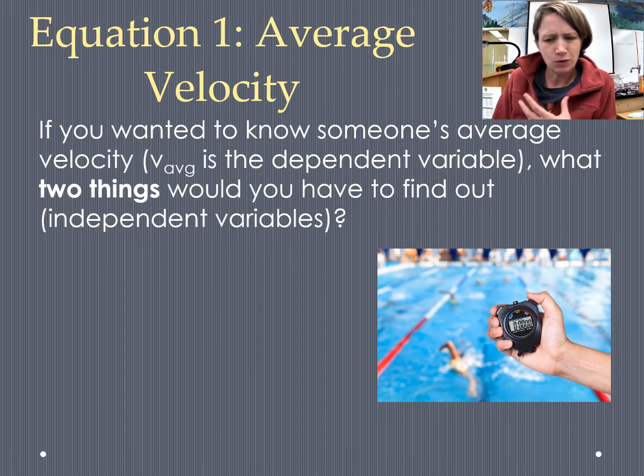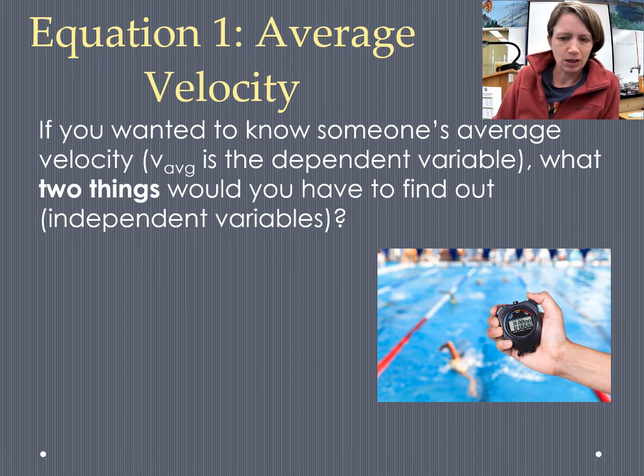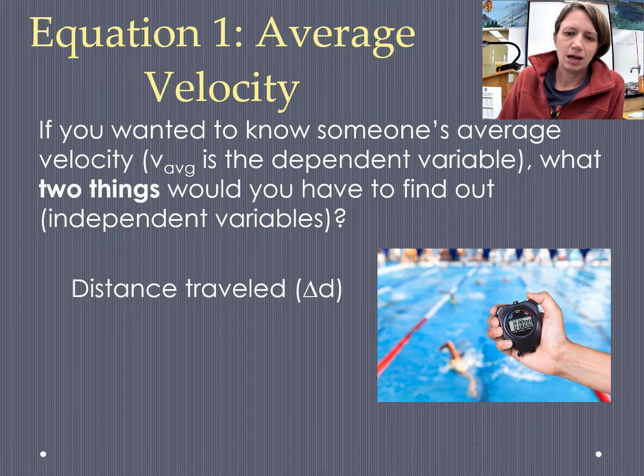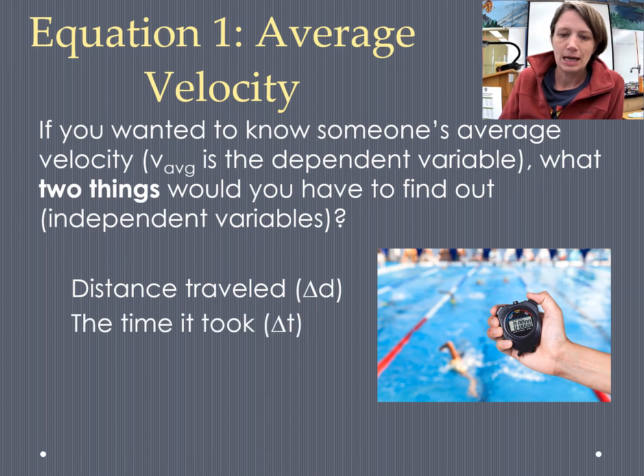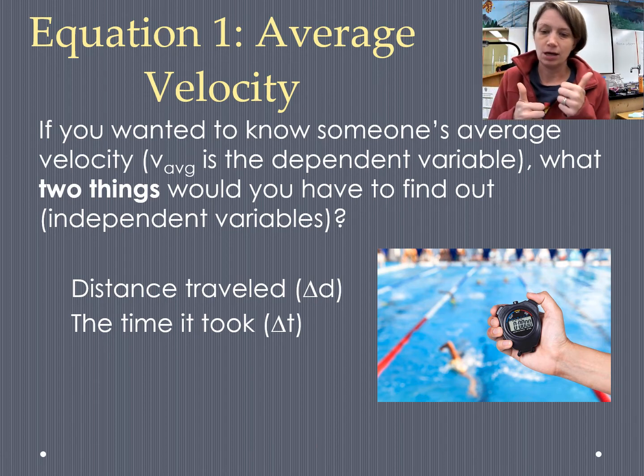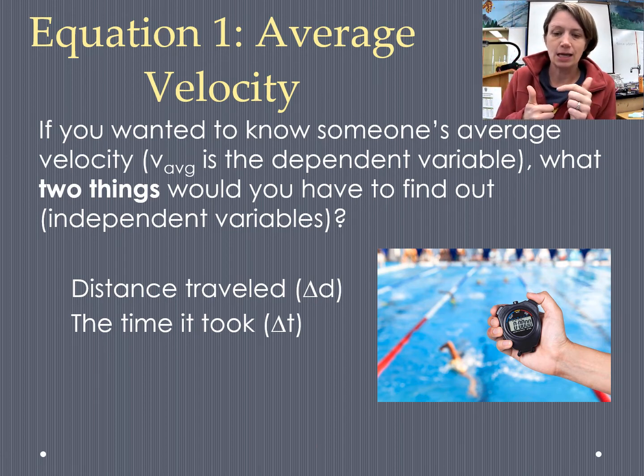I think most of you have either done this before or it's pretty logical and intuitive that what we would care about is how far that swimmer is moving. In other words, the distance that swimmer travels and the amount of time it takes the swimmer to get there. So we have our dependent variable, which is average velocity, and two independent variables, distance traveled and time it takes, and that's what we're going to be using to build our equation.